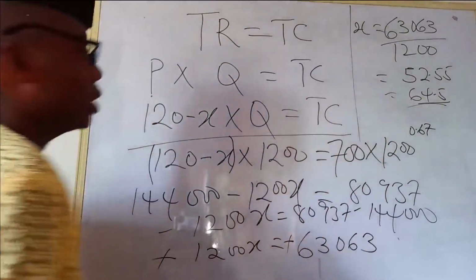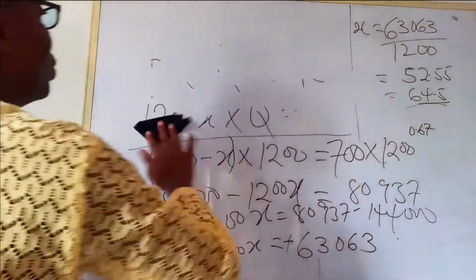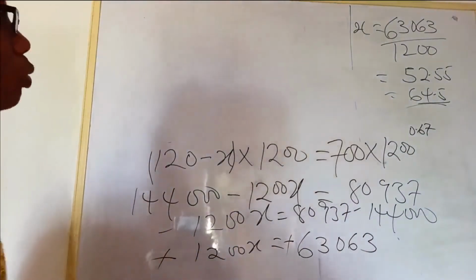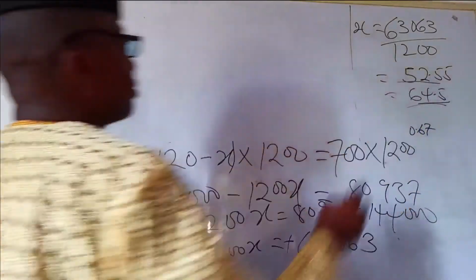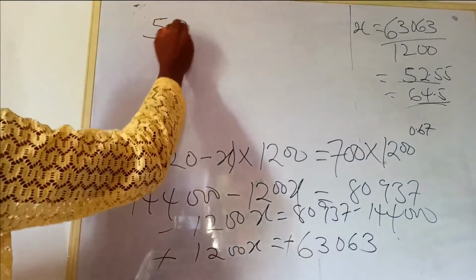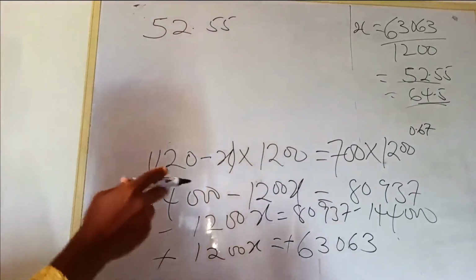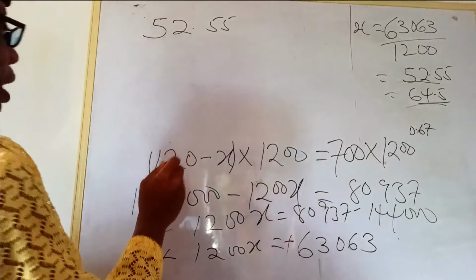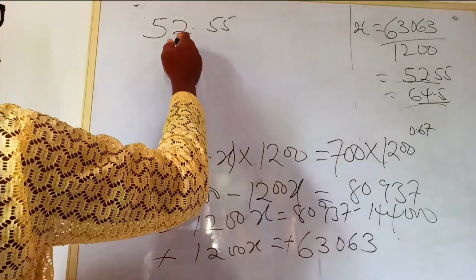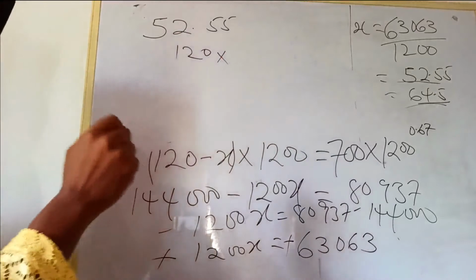To get the price cut, let me take this away now. What you do is you work on this. We know what x is. X is 52.55 in percentage. That means this percent of 120 was what was reduced. Now you have 120 times, what is that percent? We don't know.